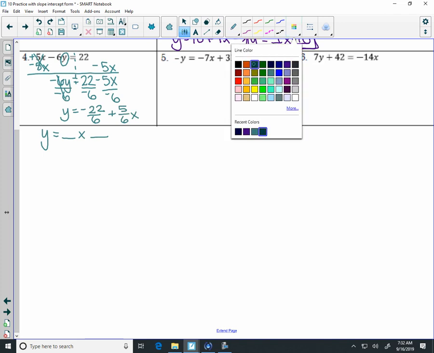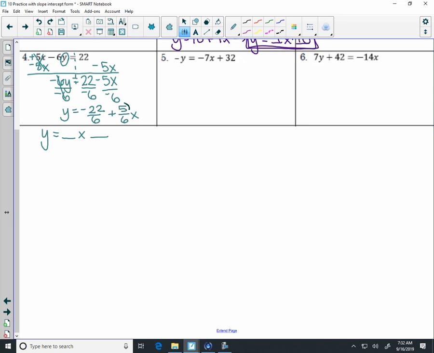And then for y equals mx plus b, my 5/6 goes in front of my x, and it's a negative 22 over 6. That's your b, or your start. That would not be a nice y-intercept, but your y-intercept isn't always nice.